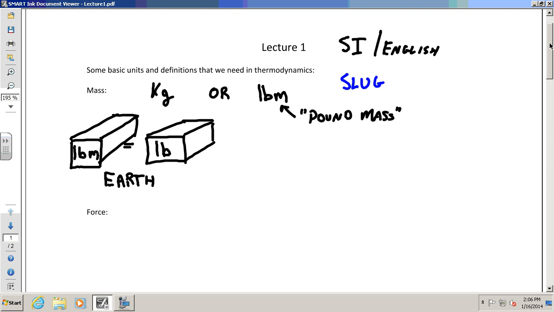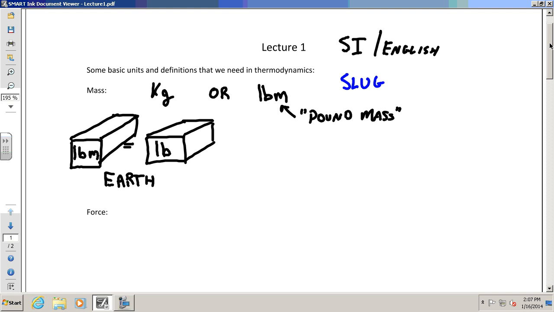Considering that we're going to spend most of our time on Earth, I think it's a pretty safe assumption. So basically what we're saying here is a pound is a pound is a pound. Whether you want to call it a pound force, which is what traditionally a pound is. A pound is a force, not a mass. But we've come up with this thing called a pound mass, and it's basically the same amount as a pound force on Earth.